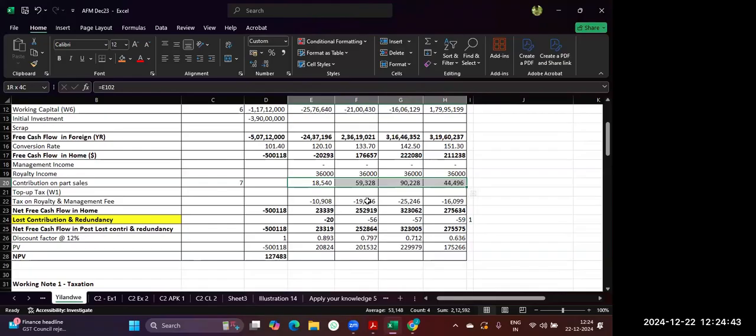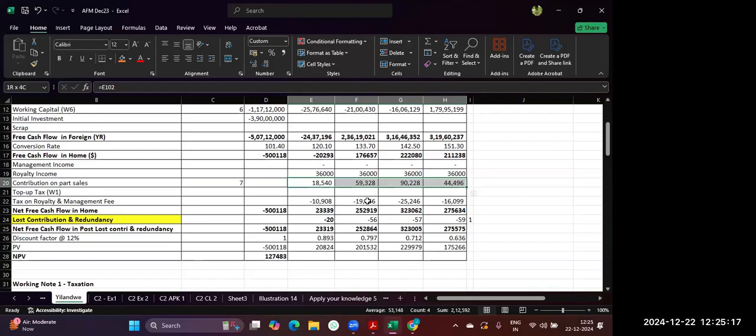I'm selling it for 280, but my cost is 160. 280 minus 160 is 120. That means every part I am selling to you, I am making profit of 120. And on that profit, you did not pay any tax in that Yelandway company, because you took full 280 as a cost.